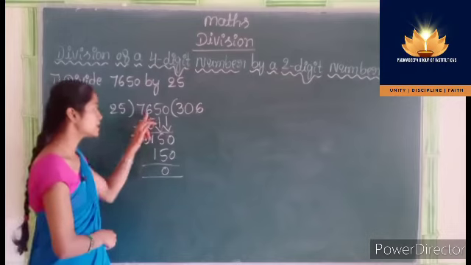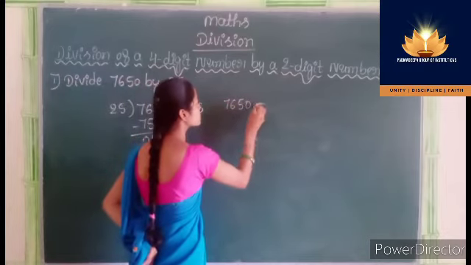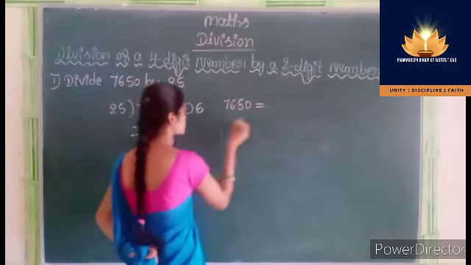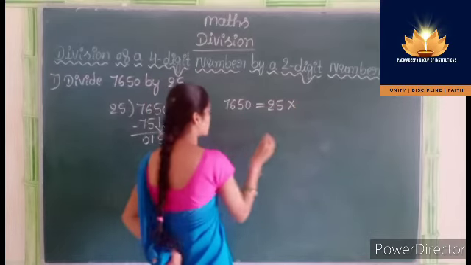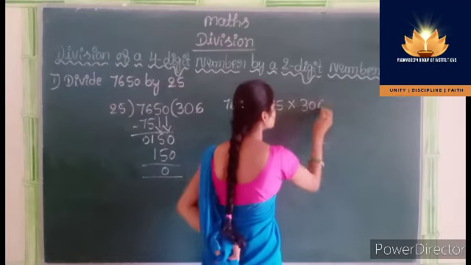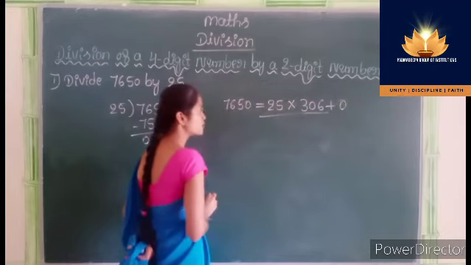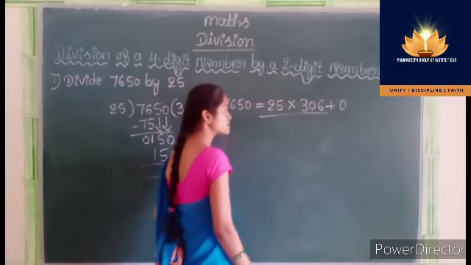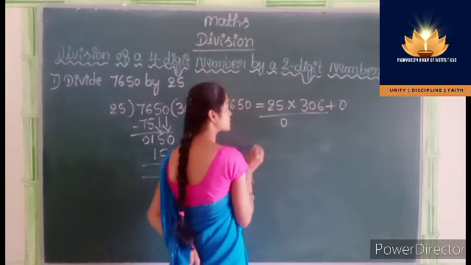Here the dividend is 7650, divisor that is 25 into quotient that is 306 plus remainder that is 0. Multiply 25 by this 306. 6 5s are 30. 0 should be written.